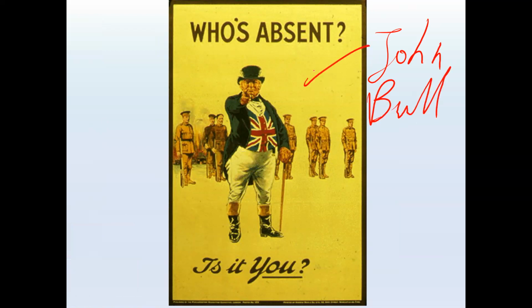He is a little bit like a human version of a British bulldog wearing an English flag. He's a caricature, the depiction of British society. He is the British man. He is a British soul.